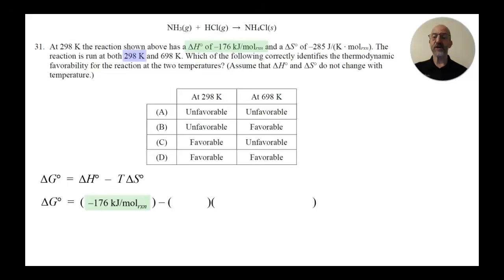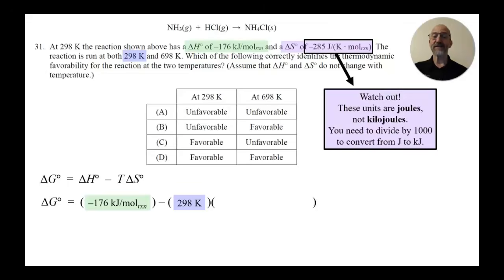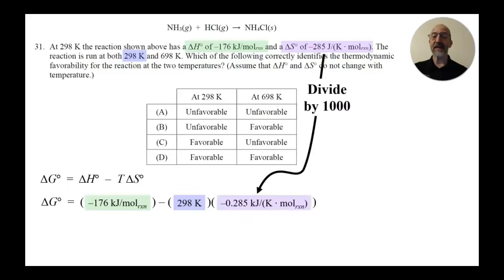My temperature is 298 Kelvin. Now, watch out. The delta S is negative 285. But look at those units. Those units are actually joules, not kilojoules. So you need to divide by 1,000 to convert from joules to kilojoules. So the delta S with the proper units is actually negative 0.285 kilojoules per Kelvin mole of reaction.